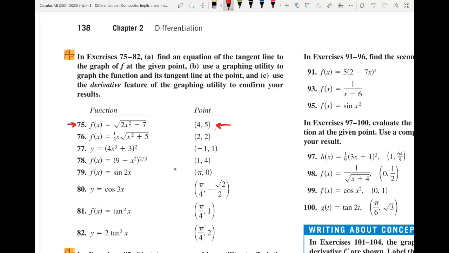All right, I'll show you something really nice with Desmos, and then I still need to show you the derivative feature in our calculator, so we'll do that at a later date, but I'll show you a really easy way to do the derivative using Desmos.